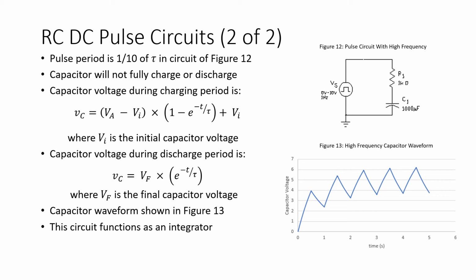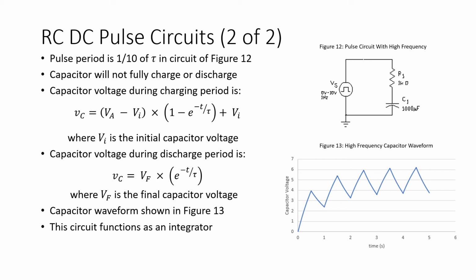So for this circuit, we calculate the capacitor voltage by taking the applied voltage minus the initial voltage times 1 minus e to the negative t over tau, plus the initial voltage. And during the discharging period, the capacitor voltage equals V final times e to the negative t over tau.